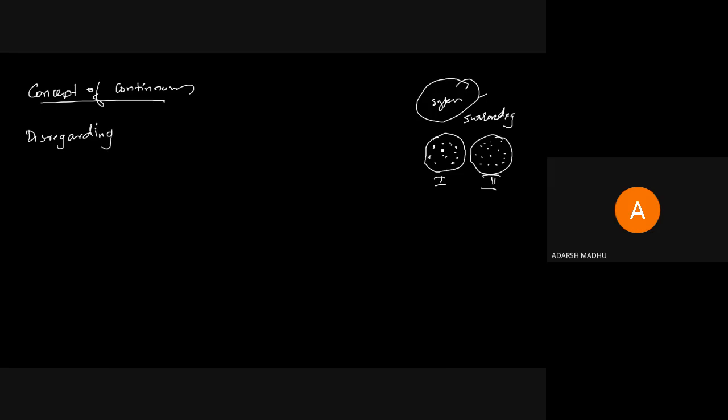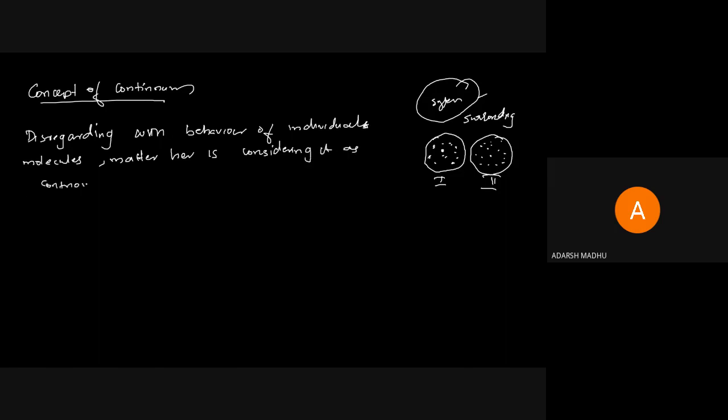The main point of the concept of continuum is disregarding the behavior of individual molecules, without considering each one individually. Matter here is considered as continuous. That is the concept of continuum. Disregarding the behavior of individual molecules, we consider matter together as a continuous one.